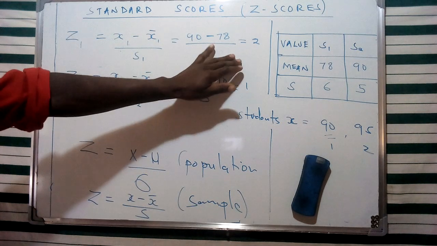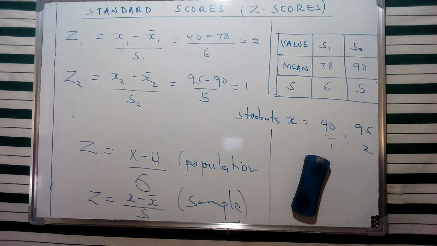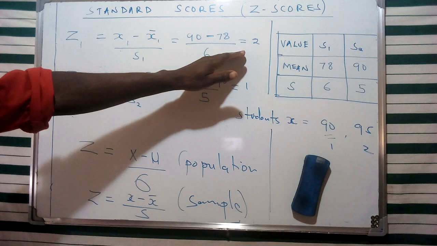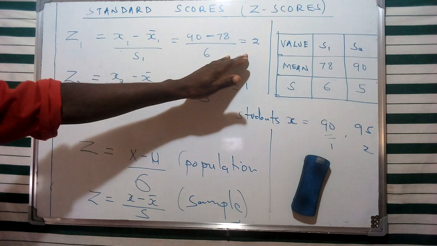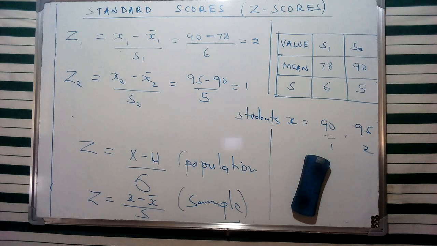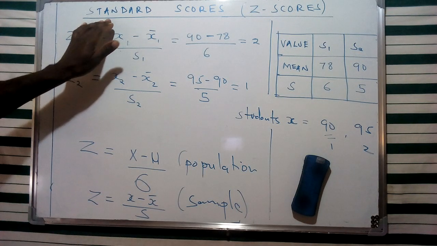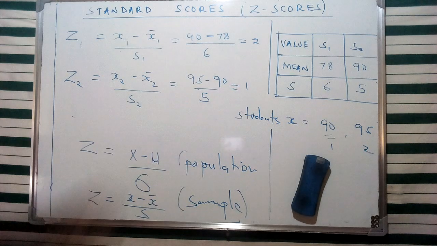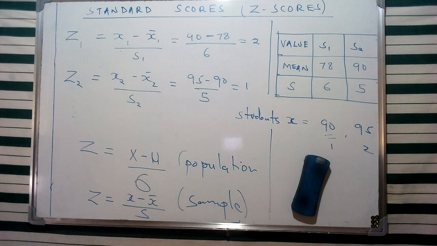But from the standard score as we have given, which are going to be given in standard units, of course, we can see that the first student basically scored better in terms of comparison with the mean as compared to the second student. And this, of course, is going to be one of the applications of the standard scores in assisting us trying to compare two different sets of data or observations coming from two different groups as I've mentioned.